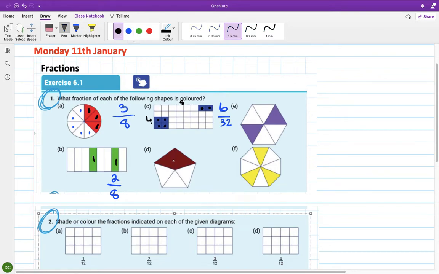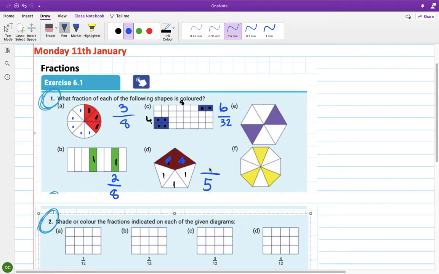Okay, D. This shape is split into 1, 2, 3, 4, 5. Do you know what the shape's called? Yeah, pentagon. So 5, and how many are coloured?